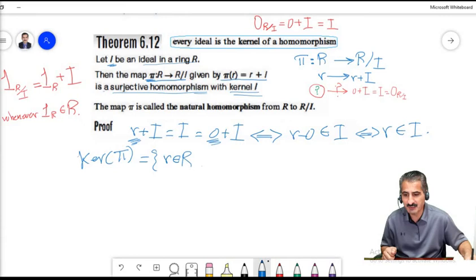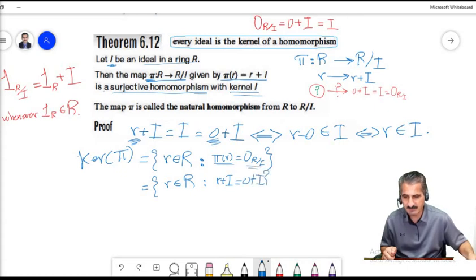So the kernel of pi will consist only, let me write it this way, of the elements r that belong to the ring R such that pi of r equals the 0 of the factor ring. But this is the same set as we have written there. What does this equal? The image is r plus I, and what is the 0 in here? 0 plus I. Oops.